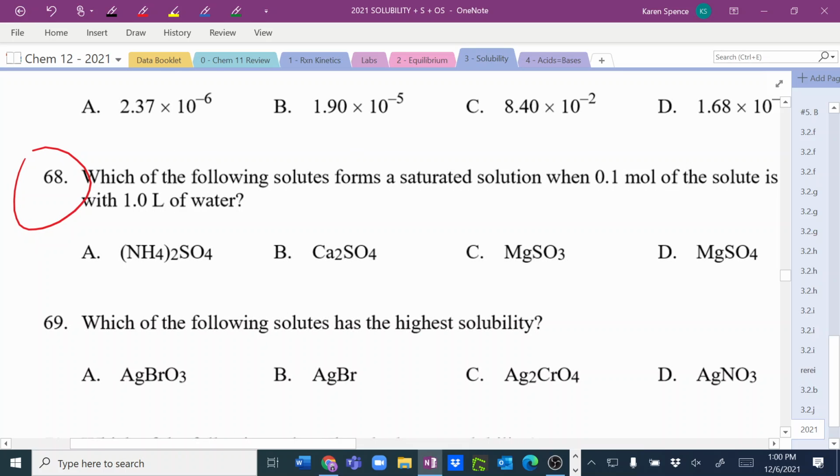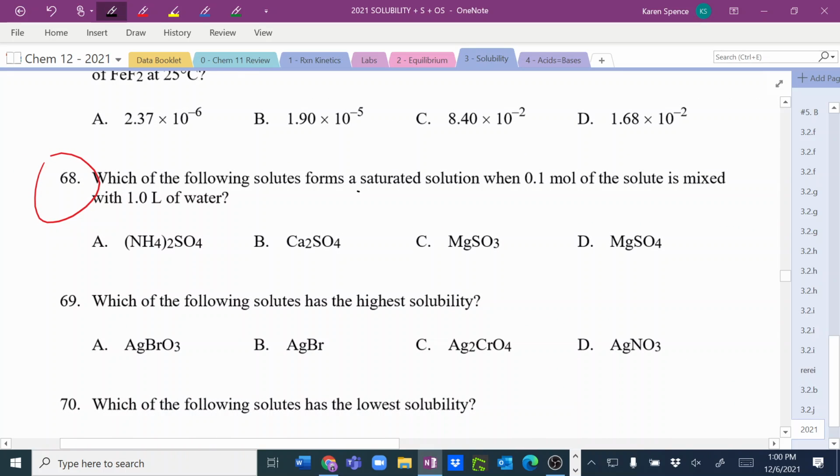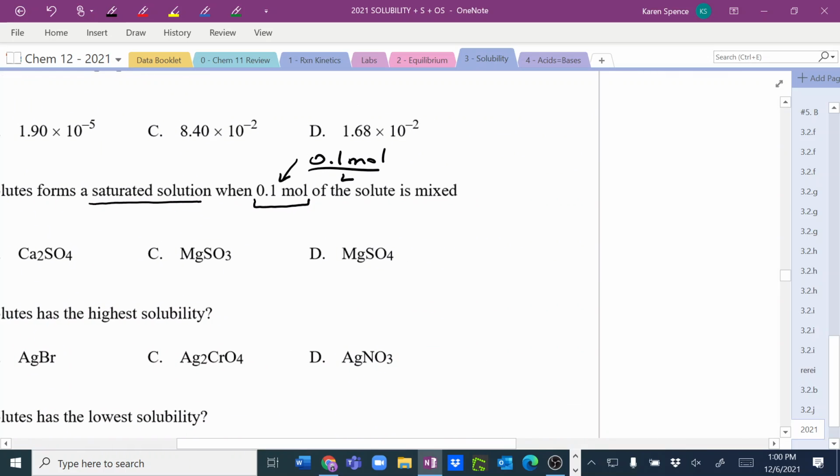Which of the following solutes forms a saturated solution when 0.1 moles is dissolved in 1 liter of water? What is special about 0.1 moles per liter? That's the definition of where soluble is, yes?